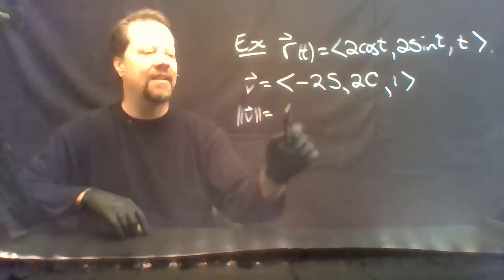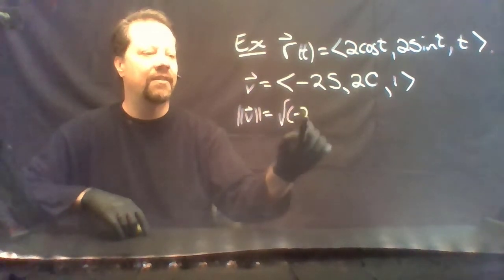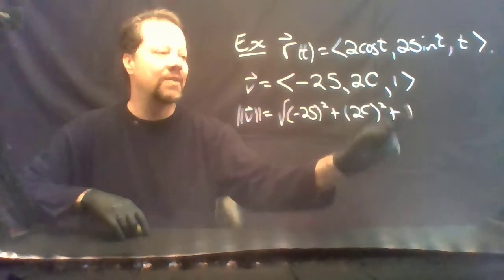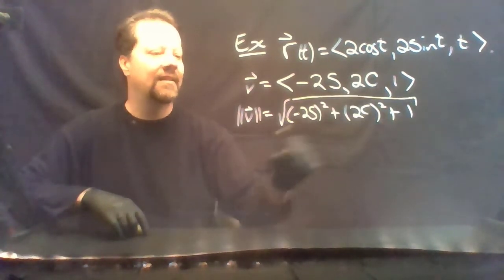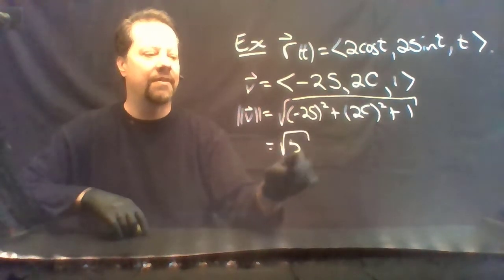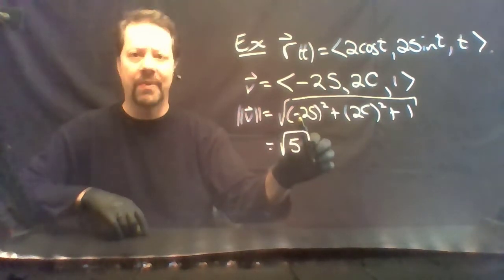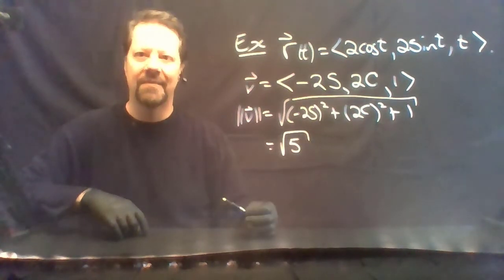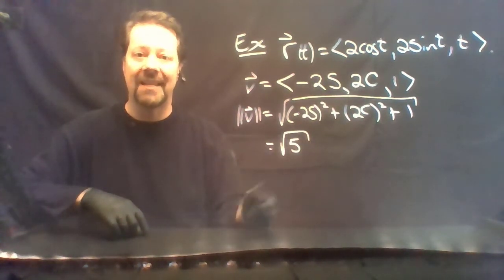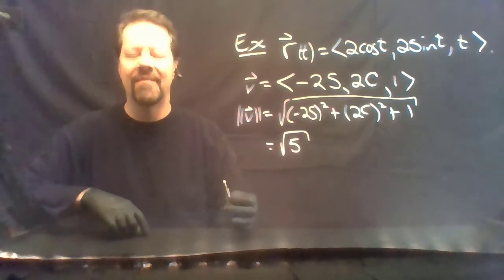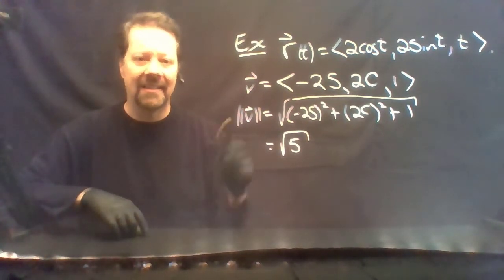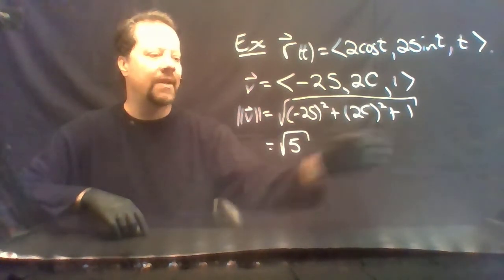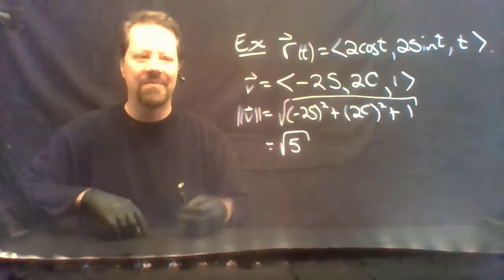The norm of that is the square root of (-2 sine)^2 plus (2 cosine)^2 plus 1, which ends up being the square root of 5. 2 squared is 4 sine squared plus 4 cosine squared. You can factor the 4 out and get 4 times sine squared plus cosine squared. By the Pythagorean identity, sine squared plus cosine squared is 1. You'll end up with 4 plus 1 is 5 under the square root.